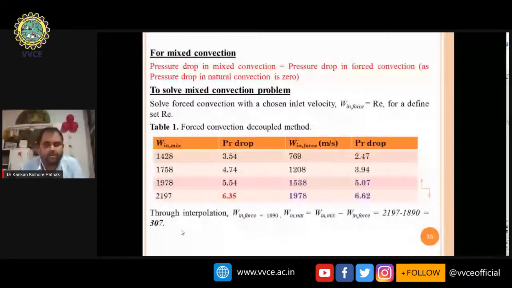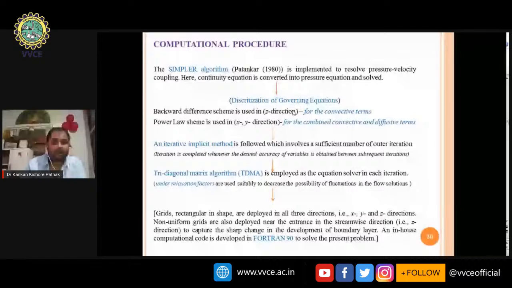Now for the computational procedure, the method given by 1980 is implemented for the pressure velocity coupling, and the continuity equation is converted into the pressure equation and solved. Whatever governing equations we have written, those are there, and for the combined convective and diffusive terms, the power law schemes are also used.